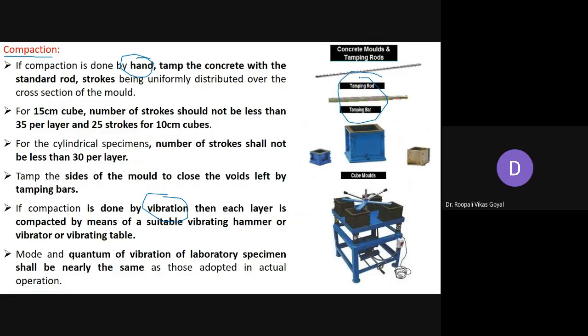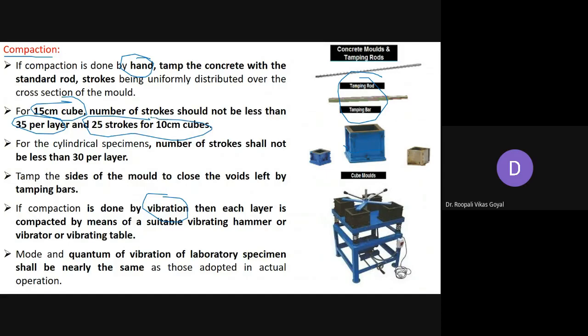Okay, so generally for a 15 centimeter cube, the number of strokes should not be less than 35 per layer. So generally you have to fill this mold layer by layer. For each layer, the strokes should not be less than 35, and for a 10 centimeter cube it should not be less than 25 strokes per layer.